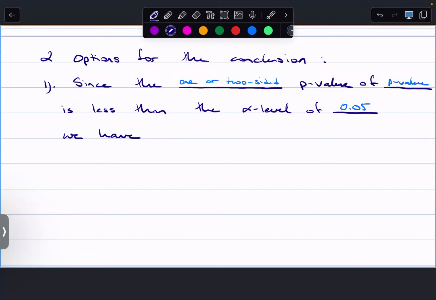If it's less than 0.05, then it's far enough away from the null hypothesized value that you're going to reject the null hypothesis. We have enough evidence to reject H naught. And if you're rejecting it, you can say in favor of HA.